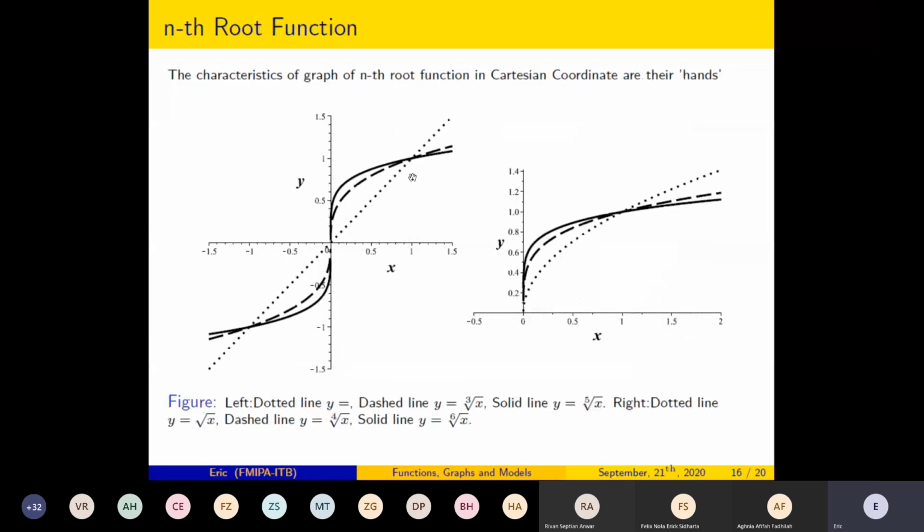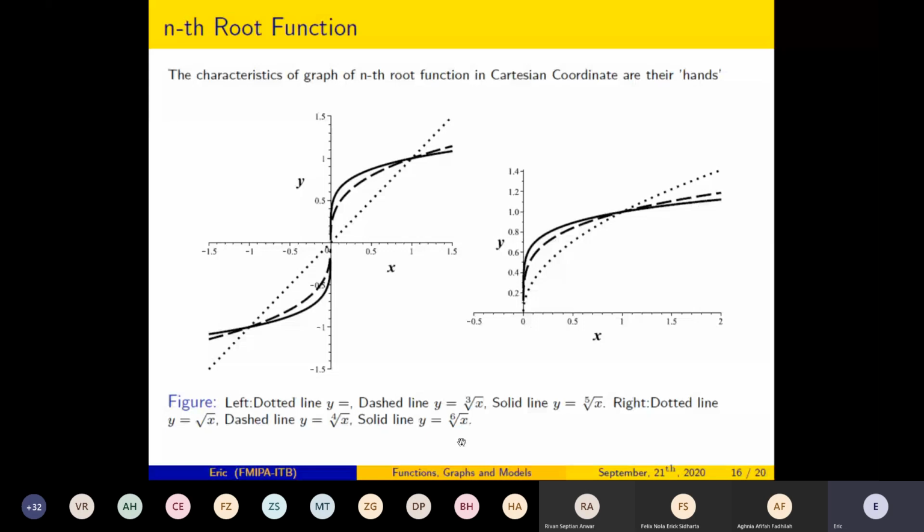Okay. And these are the roots. This is the square root of x. This is, I think, the fourth root. This is the sixth root.